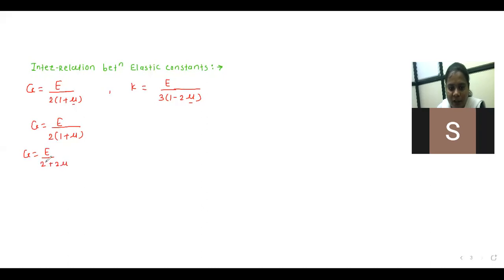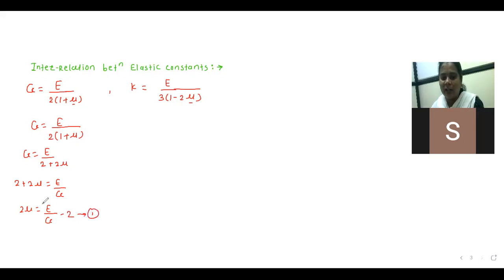Now we shift this 2 plus 2 mu term to the left side and the G term to the right side. So 2 plus 2 mu is equal to E divided by G. Now shift this 2 to the right side. So 2 mu is equal to E divided by G minus 2. This is our equation 1.